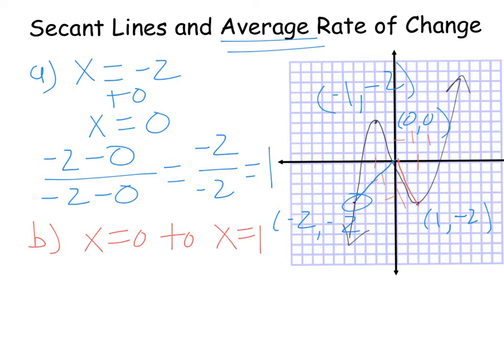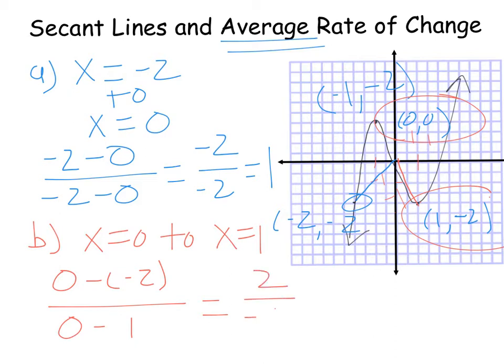But again, it's slope. I've got my 2 points. Okay, 0 minus -2. Right, I'm using this point, and I'm using that one. 0 minus -2 over 0 minus 1. I just need the 2 endpoints that are forming the 2 points that I picked that are forming my secant line.